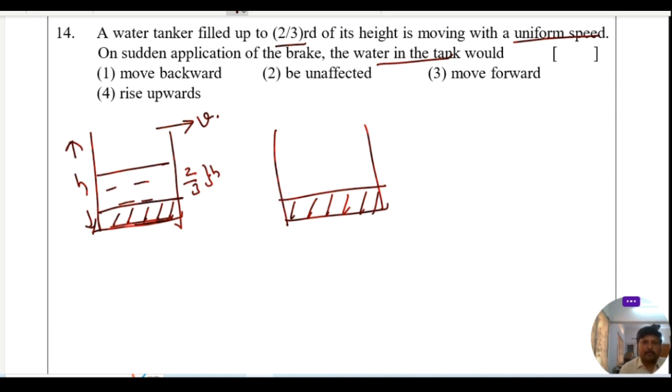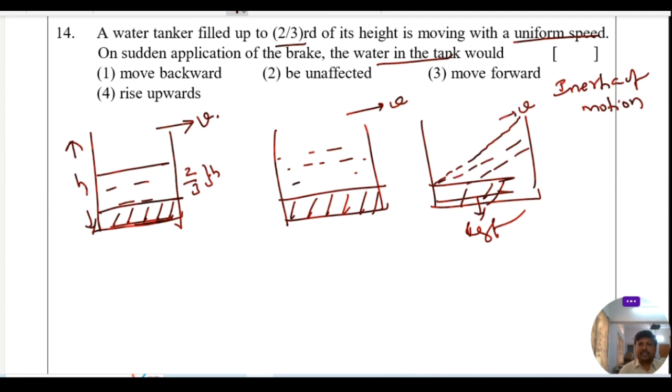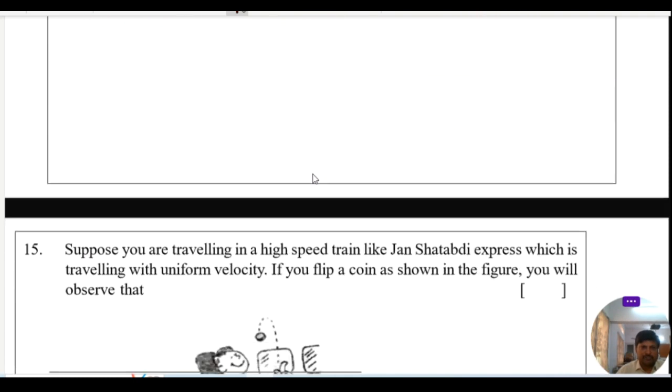So when the brakes are suddenly applied, the lower part shares the motion of the tanker and comes to rest. But the upper part does not share this motion immediately. Initially it is moving with a speed of v in the forward direction, so it continues its motion due to inertia of motion. That's why the upper part of the water moves with speed v in the forward direction. Due to this, the water in the tank would move forward. So option 3 is the right answer. Next, 15th one.